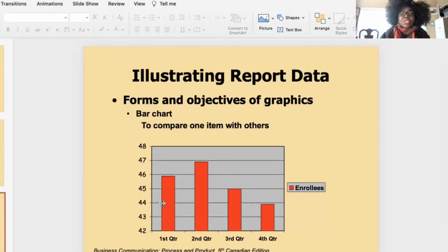Now, the next thing you can do is use a bar chart. And as you look at the bar chart, you can probably guess why a bar chart makes sense. When you want to compare one item to another, the bar chart is your friend, because once the audience looks at the bar chart, they can see and they can make the comparison for themselves.